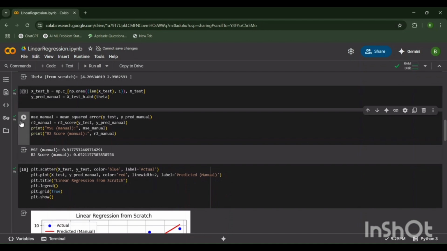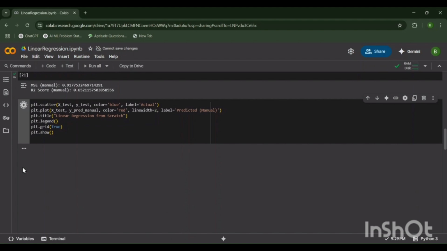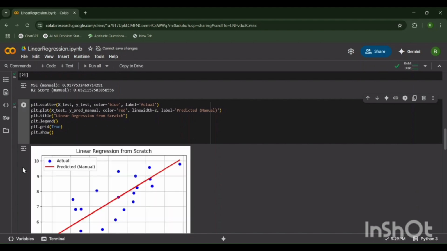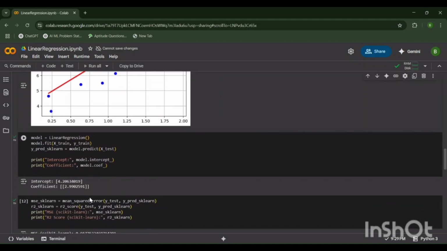And then finally it plots the regression line and evaluates the model using mean squared error, which measures the average squared difference between actual and predicted values. Let's run this cell.